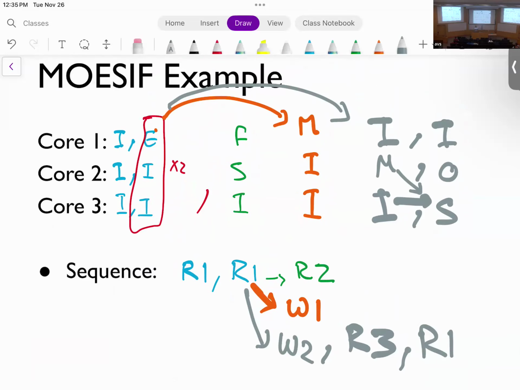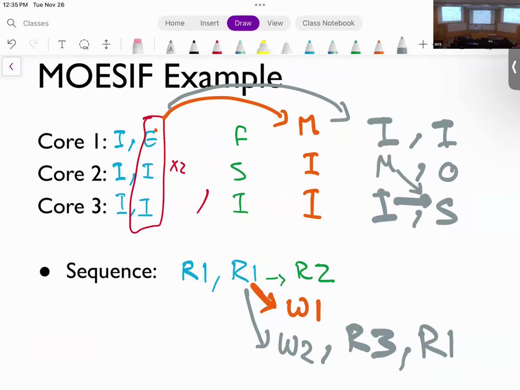Anyone else wants to chime in? Yes. So we go to SOS, right? And who provides the data? Core 2, right? So core 2 provides the data, and we move forward.